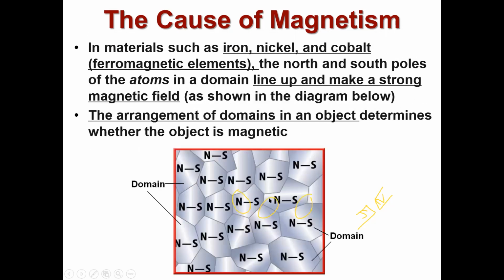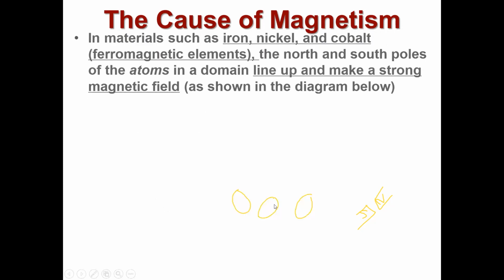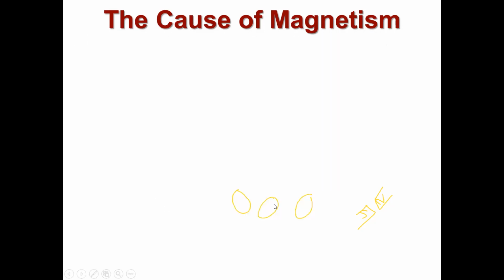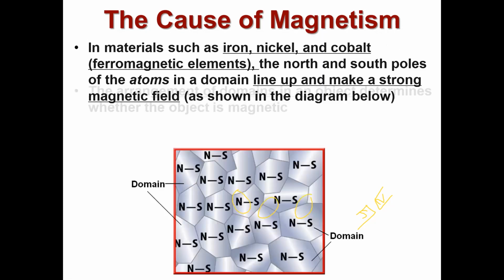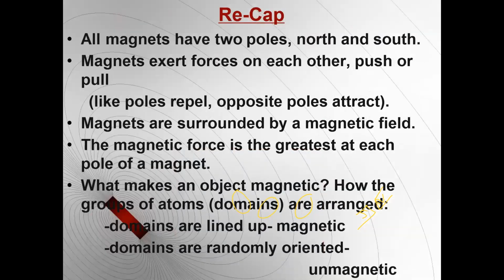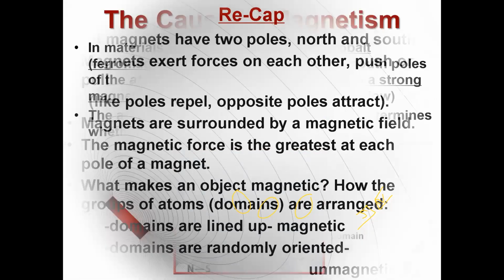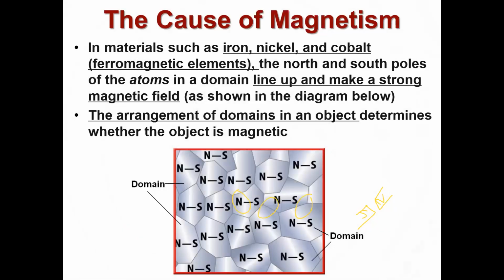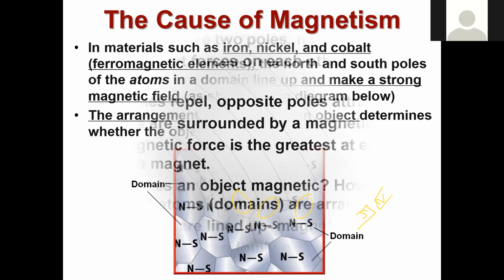Since they are arranged randomly, they cancel each other, so they don't make a magnetic field. But for the iron, when they are arranged, they make a domain that doesn't cancel, so they make a magnetic field. Is it clear? Yes, teacher.